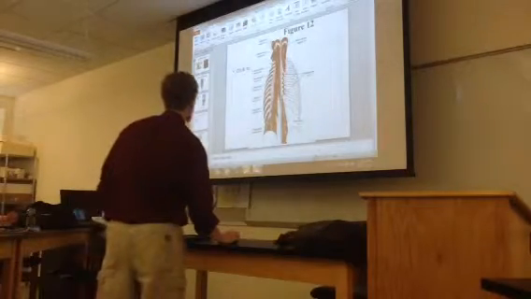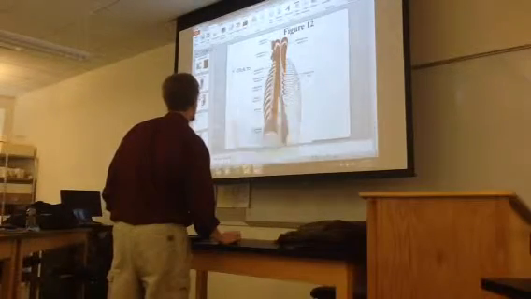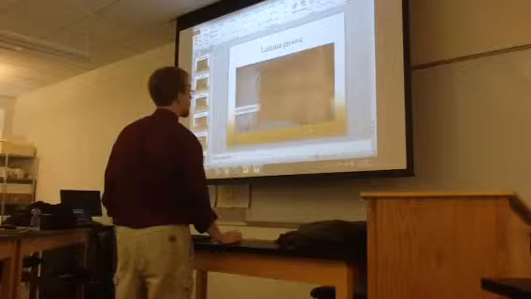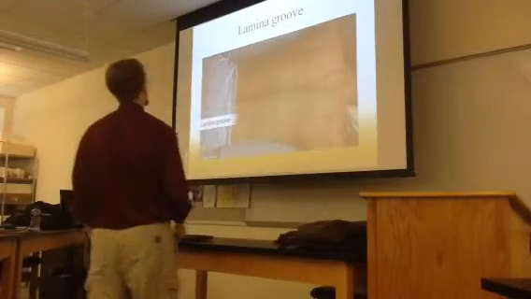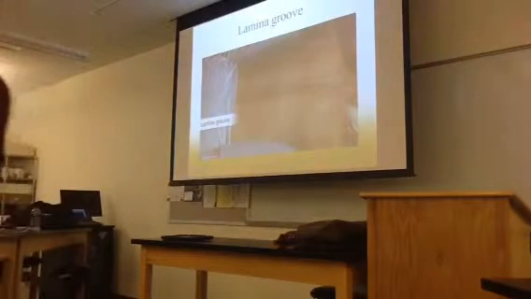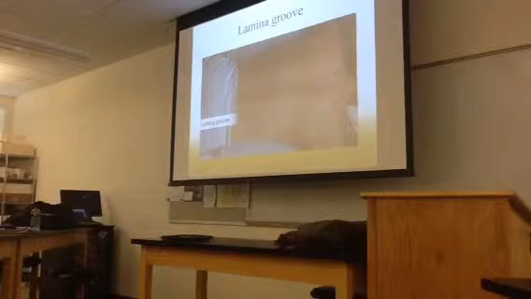So I'm going to switch PowerPoints because it's much more visual if I can get it here. All right. So laminar group. What's the lamina? It's the pedicle, laminas in between the transverse process and the spinous.